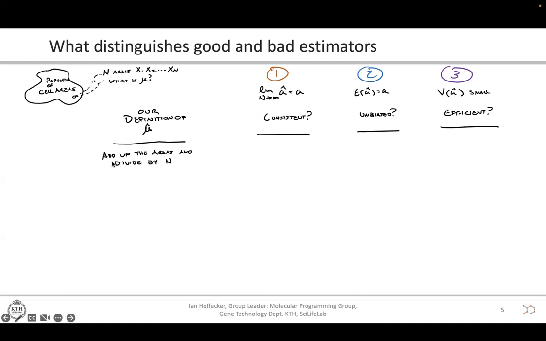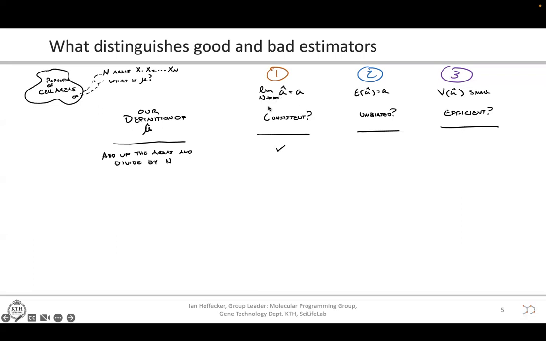And so one example would be we can add up the areas and divide by n. So this would be, of course, the sample mean, and we can examine these. So is the limit of a hat as n approaches infinity equal to a? Indeed, that is the case. If we were going to take more measurements here, then, of course, our sample mean is going to approach the true mean.